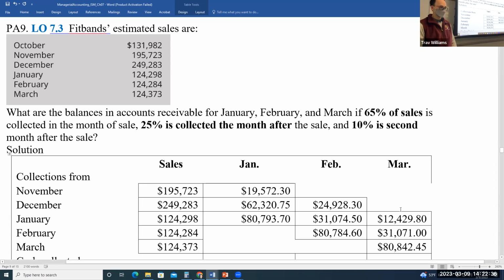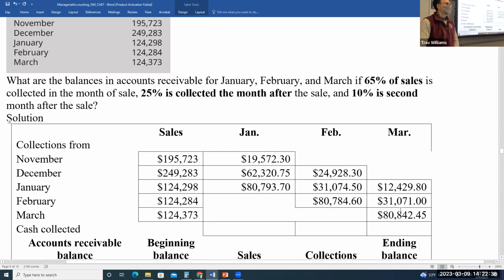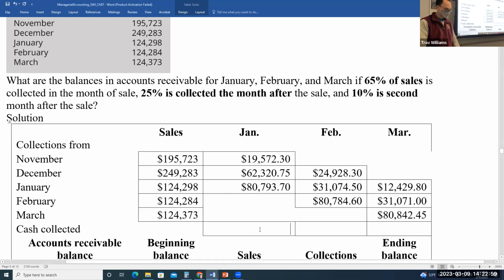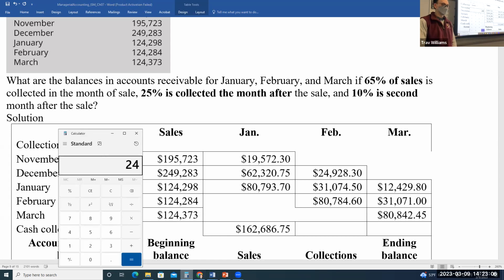Okay. All right, so now we know how much we can expect to collect in January. If we simply add those 3 months together, we'll get a total January collection. And then, of course, I'll check all these numbers.